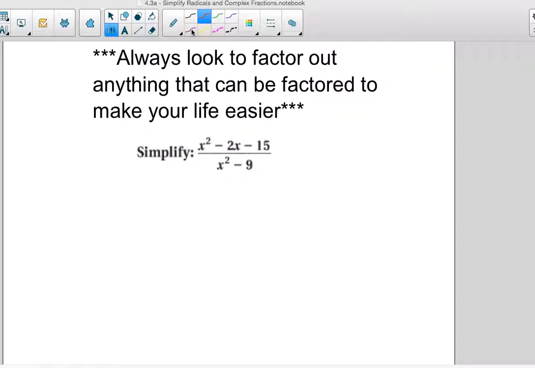And then the last note here is just if you have things like this, this is not a complex fraction, it's just one numerator, one denominator. But anytime you see that, look to factor things out to simplify. So the numerator simplifies to x minus 5 and x plus 3. And your denominator simplifies to x plus 3, x minus 3, just conjugates, difference of squares.